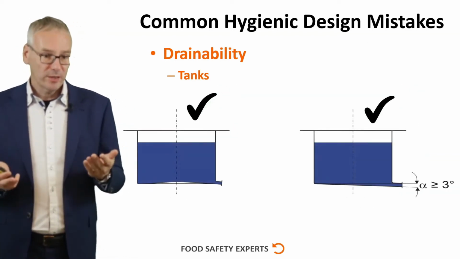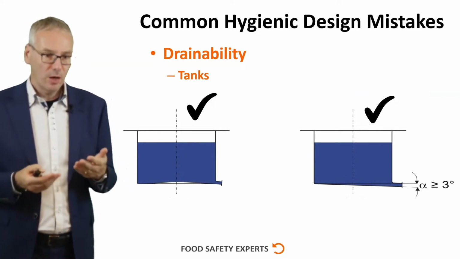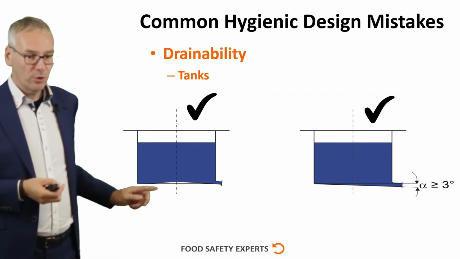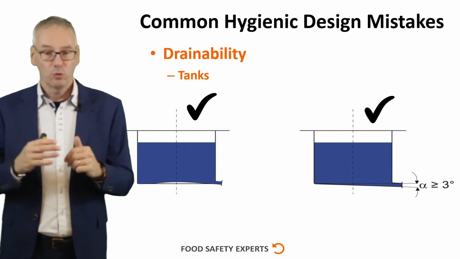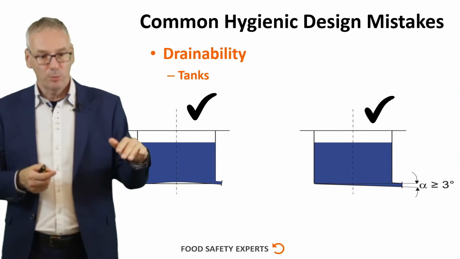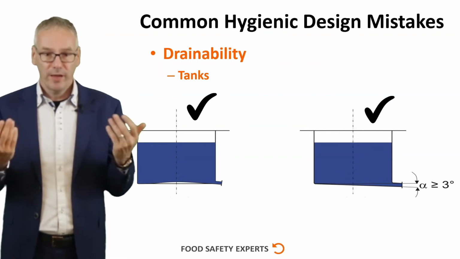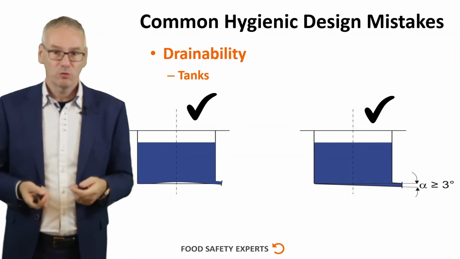Here are some tanks that have a proper hygienic design. First of all, they have the outlet at the bottom. The left tank, as you see, has a slightly curved bottom, which makes sure that any water still goes to the drain. And the tank on the right, again, has a slope of the bottom of about 3 degrees, which makes sure that any liquid which remains neatly flows to the exit, to the drain.